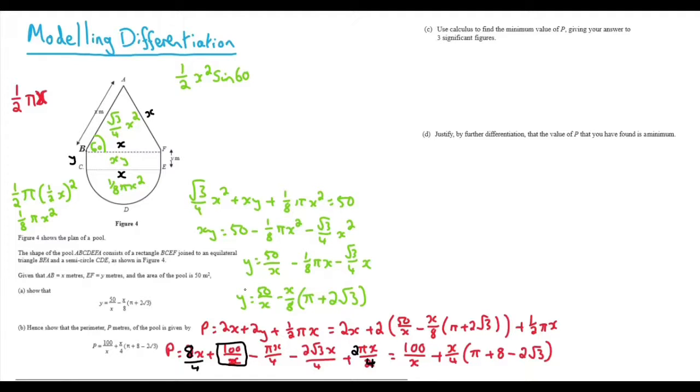So, in the first step, we used a value given in the description to create one expression in terms of one of the unknowns. Then in part B, we created another expression for another thing about this shape. And using our piece from the first part of the question, we were able to substitute in and eliminate one of the unknowns to get us an expression all in terms of the same letter.